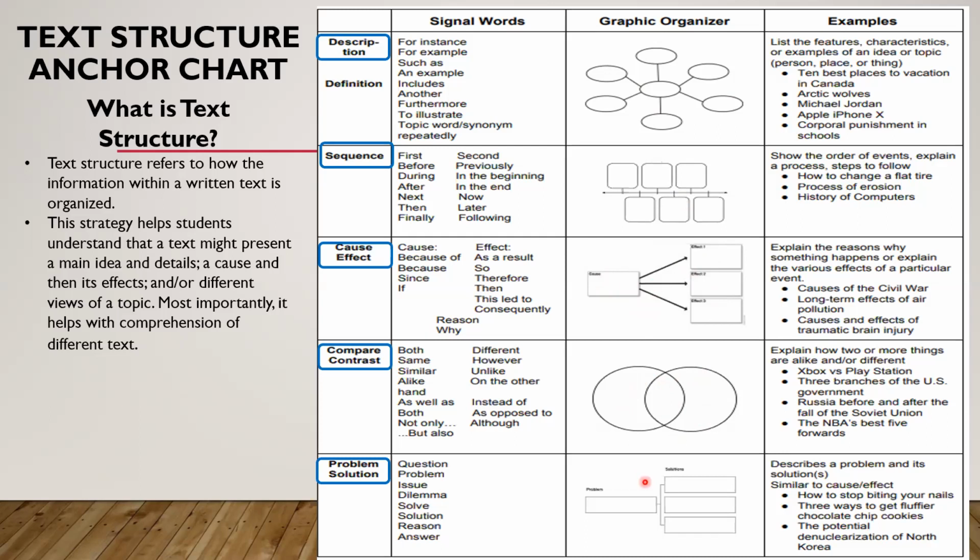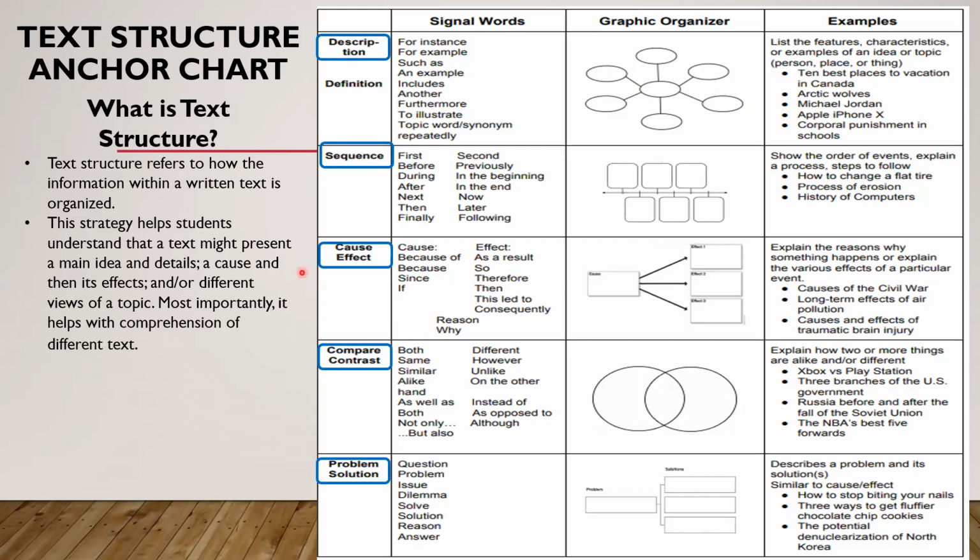And then we have problem and solution. You find out the problem, and then you find out all the different solutions that you can do to figure out the problem. And then the examples part just tells you that these are some of the things that you can use these graphic organizers with.